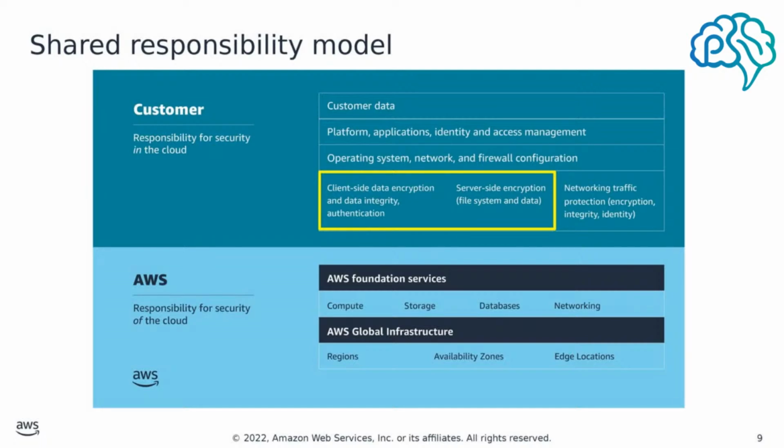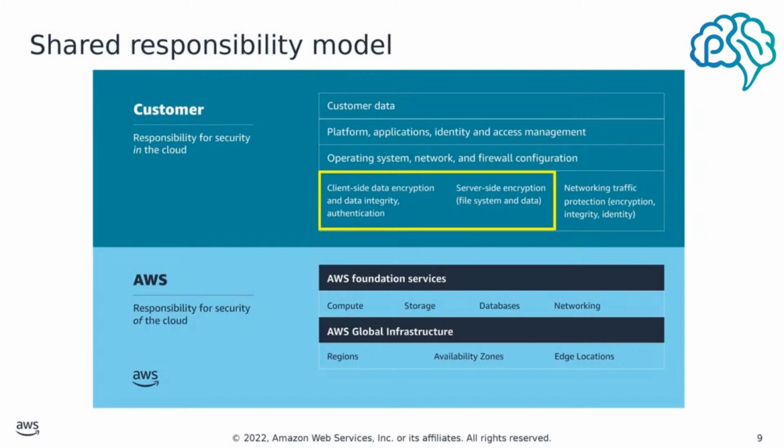The customer is going to be responsible for the security inside of the cloud, and this would include customer data, the platform application, identity and access management, the operating system, the network, the firewall configuration, client-side data encryption and data integrity authentication, server-side encryption of file system and data, network traffic protection that includes encryption, integrity, and identity.